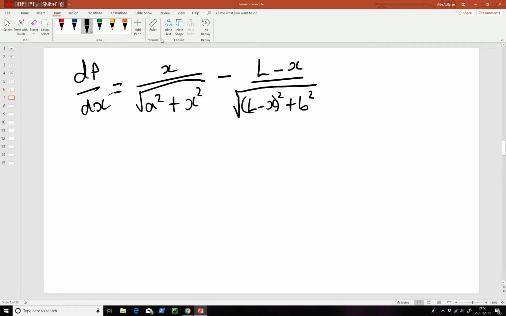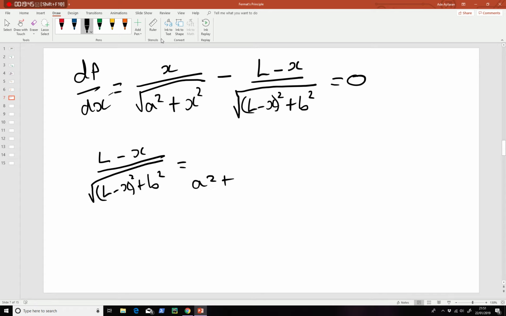Okay, now what I'm going to do is set that to 0. This allows me to rearrange and rewrite this whole expression as this. I apologize for my slightly wonky handwriting.